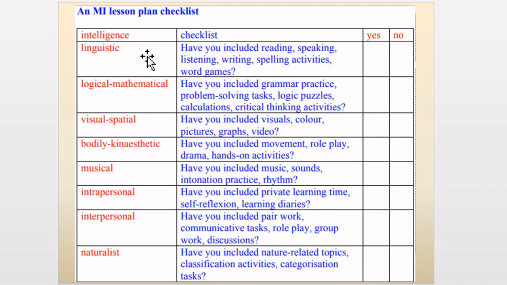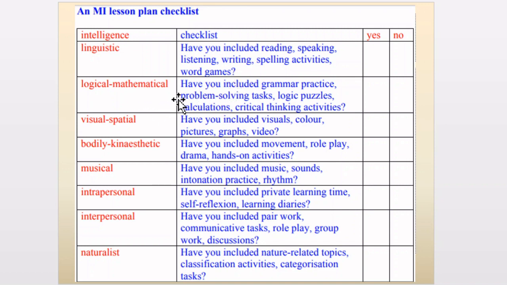Here is a checklist. It was not prepared by me, but I thought it would be very useful. According to the different intelligences, there are aspects that teachers can bring into the language classroom. For the linguistically intelligent, we ask the question, have you included reading, speaking, listening, writing, spelling activities in your lesson?